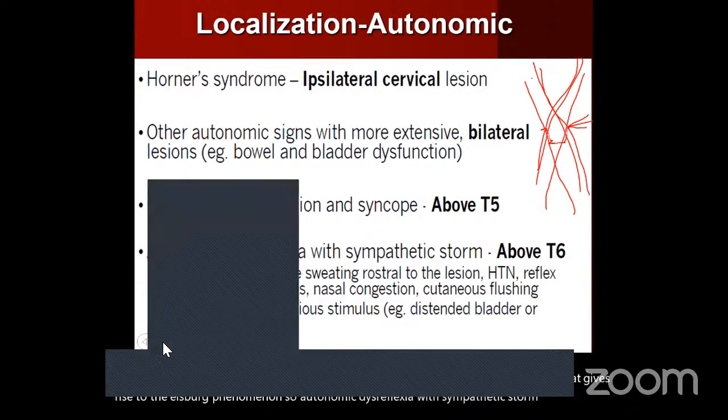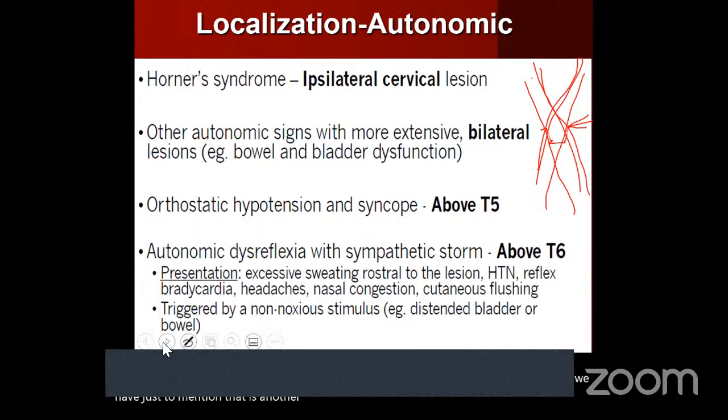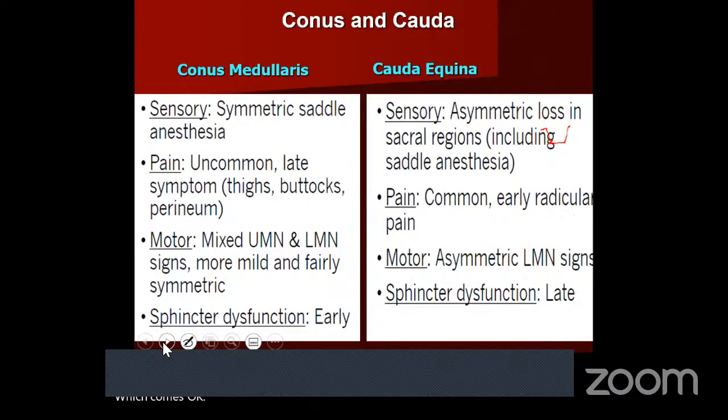Okay. Now, conus medullaris and cauda equina, what are the differences? Conus medullaris is the terminal part of the spinal cord, and there will be symmetric saddle anesthesia. Pain is uncommon in conus medullaris, whereas it is very common in cauda equina, which is a bunch of roots traveling down from the conus to exit through the intervertebral foramina to reach their targets.